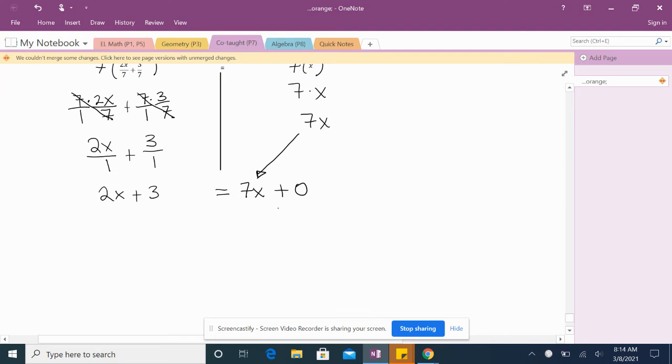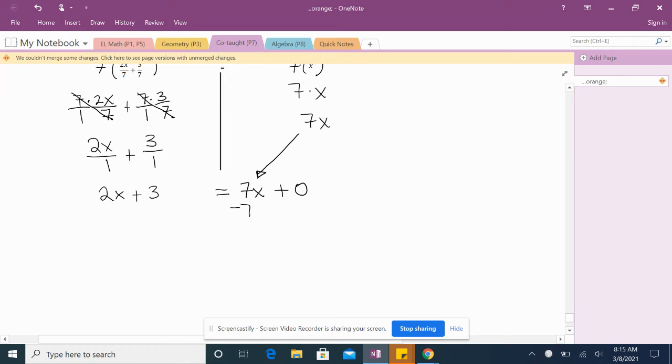I can add 0 because 0 will not change my equation. Now I have 4 parts and I can balance.